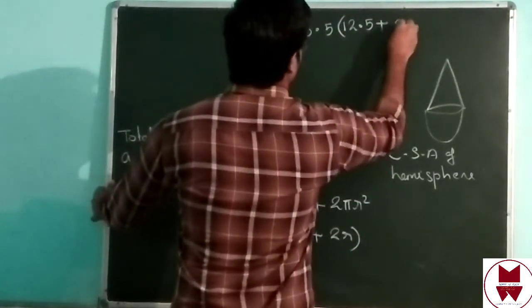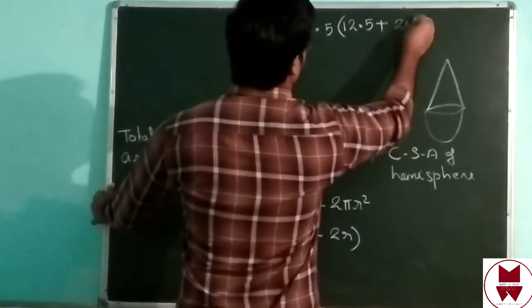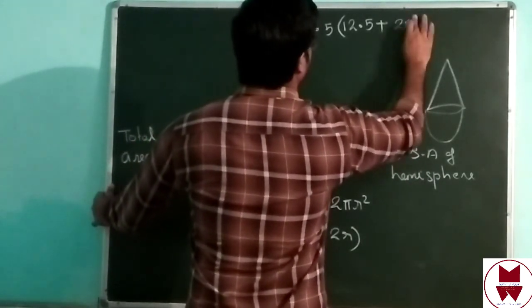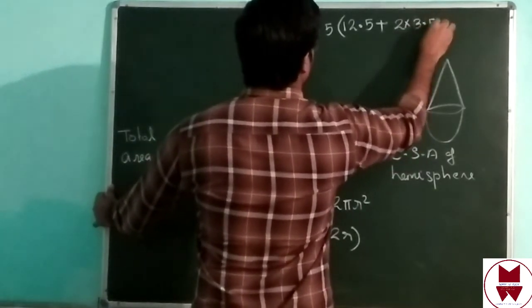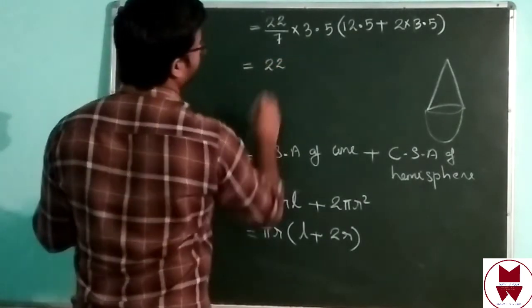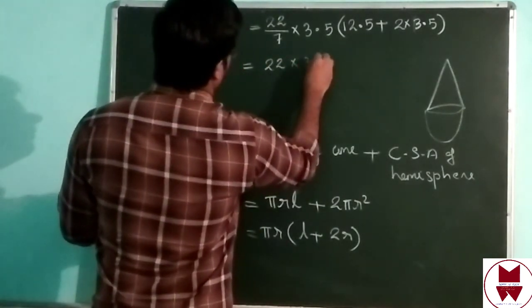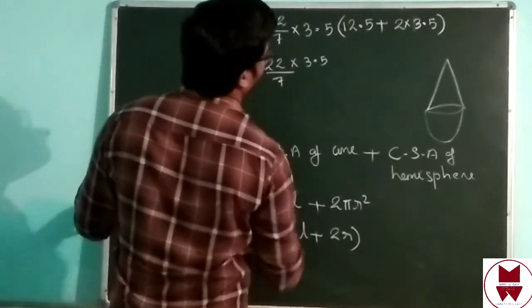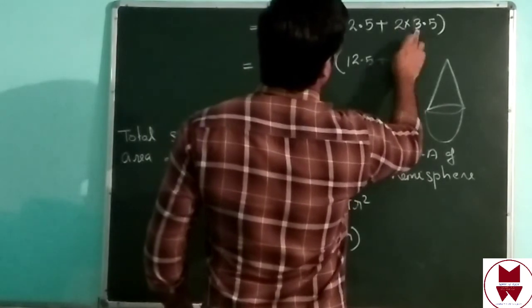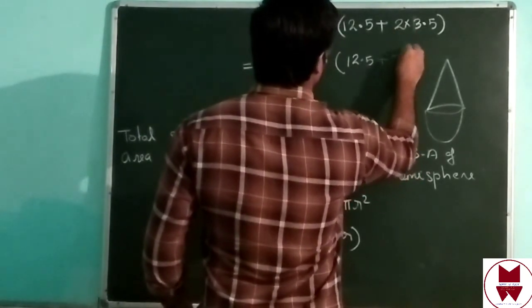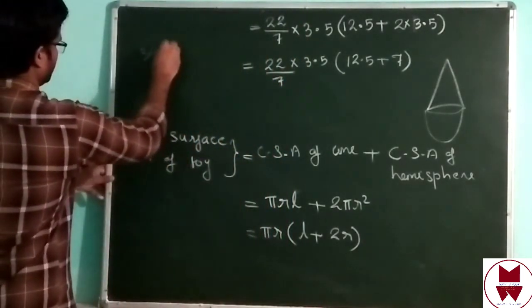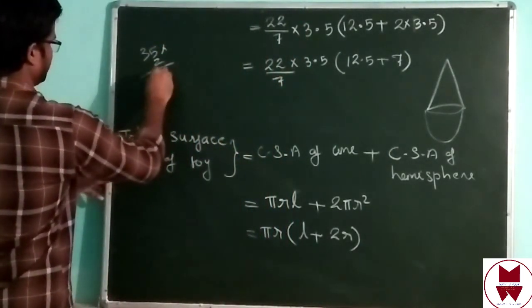Then 2 into again r, 3.5, plus 2 into 3.5, you will get 7. 35 into 2, 70. After point, one number.